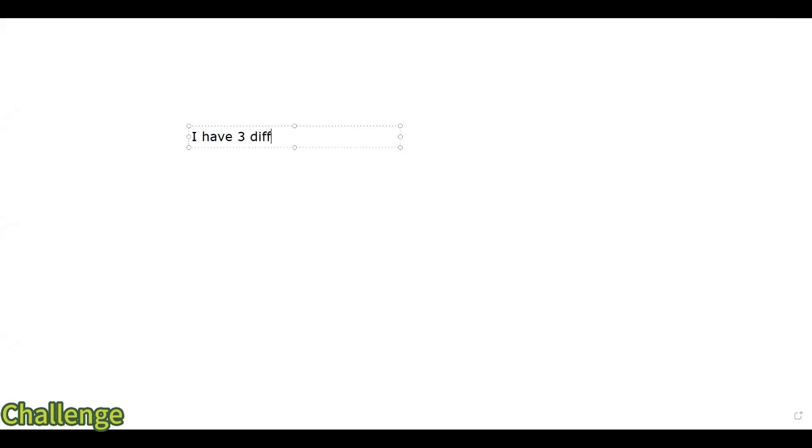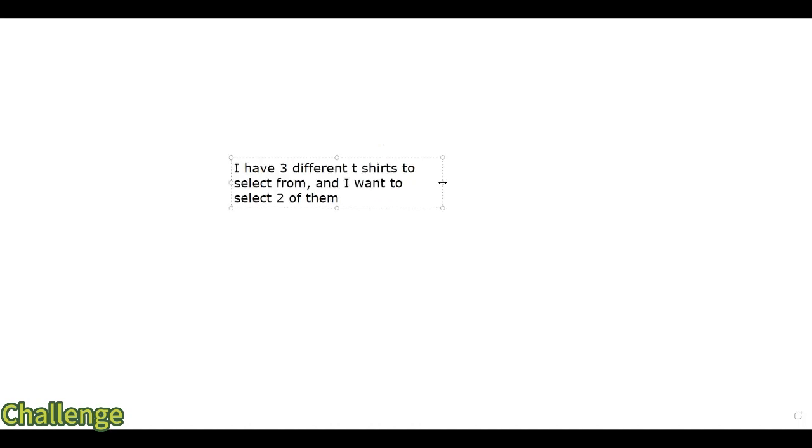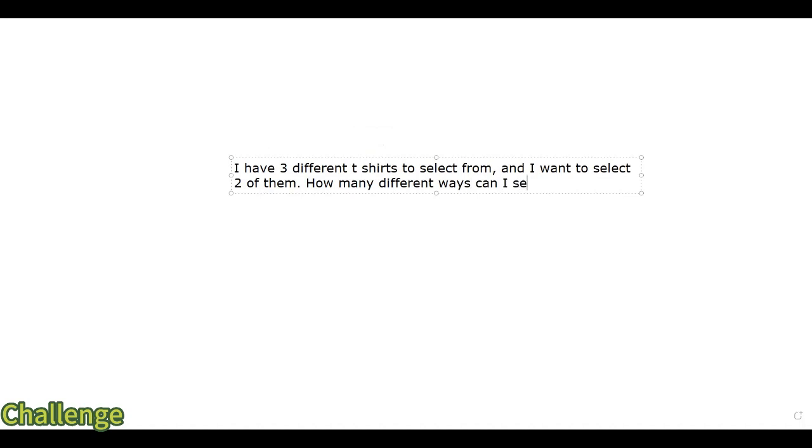Let's say I have 3 different t-shirts to select from, and I want to select 2 of them for some random reason. So how many different ways can I select the t-shirts? What do you guys think for this problem? 6. 6? Why so? So basically we can have X, Y, and Z, right?